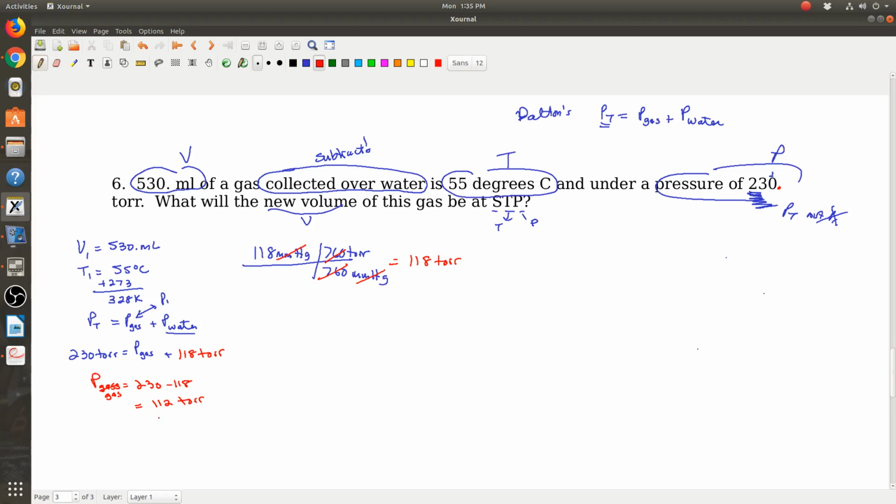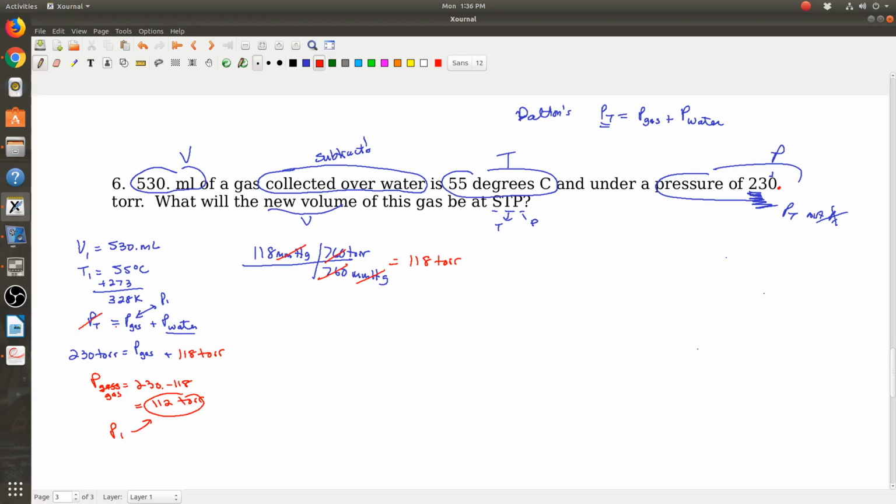We would have to simplify it to 100 torr to only have two significant figures. So we're adding a significant figure there. So we're going to keep 112. The way I had it before, I would have to convert it down to 110 torr. So this is your P1. That's the real P1.